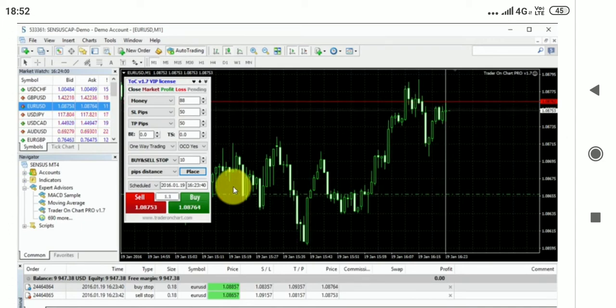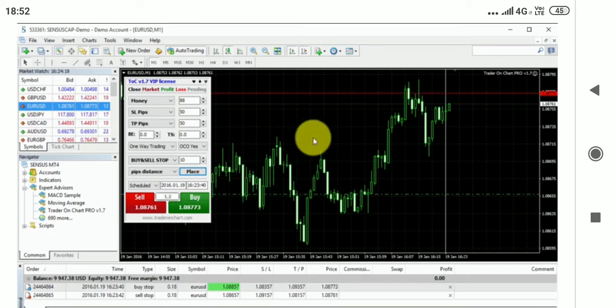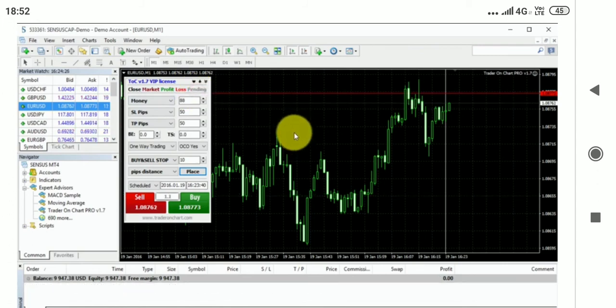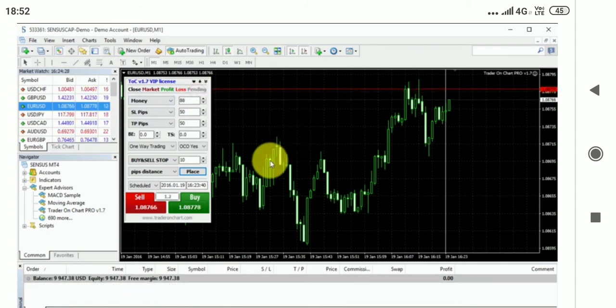The important thing is that when the time gets to your scheduled time of your order, it will get placed, and the current price at that very same moment will be used in all the calculations for the position size, for the distances, and so on. So right now we got 2 orders placed, and let's close them.